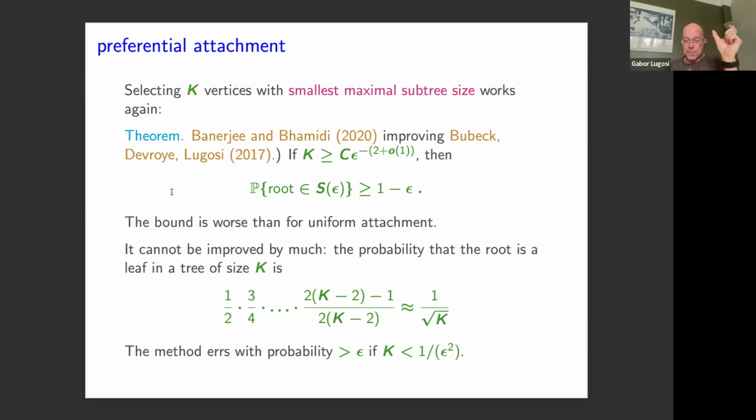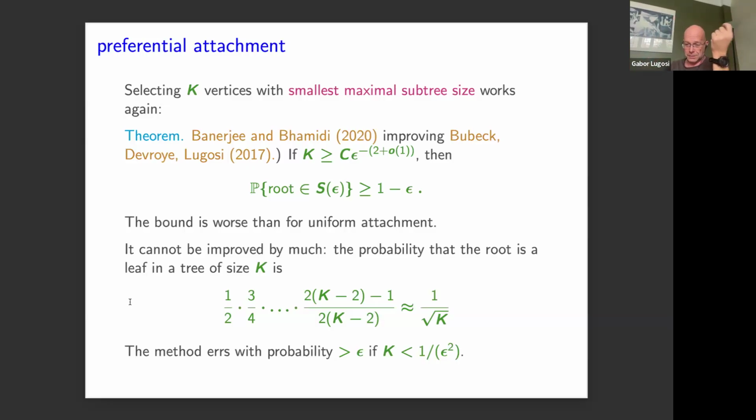Because the probability that the root remains a leaf for a long time is much higher than in uniform attachment. Just so at first Eve attaches to Adam, and if the next guy attaches to Eve, then all of a sudden Adam is less popular. And then the probability of attaching to Eve now is 1/2.